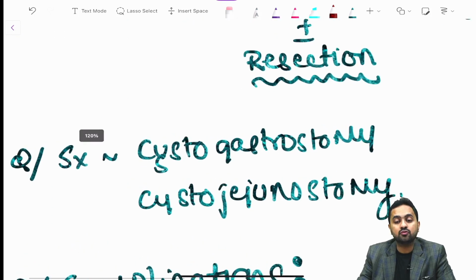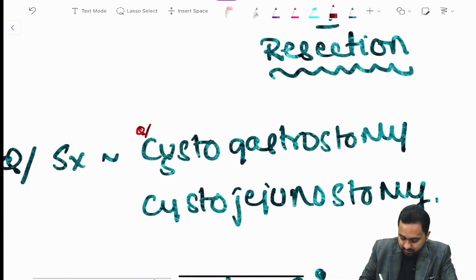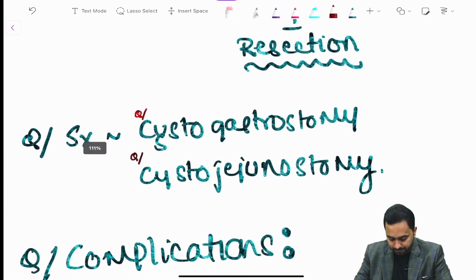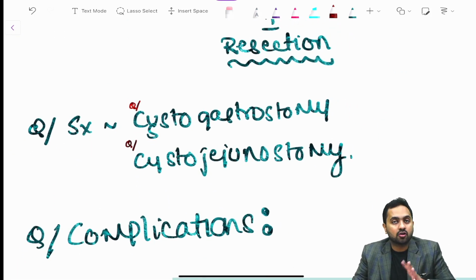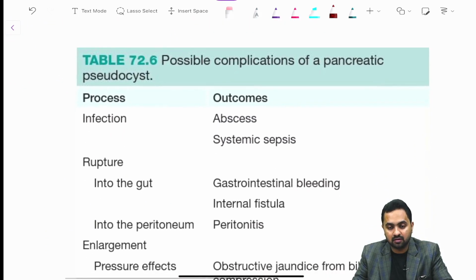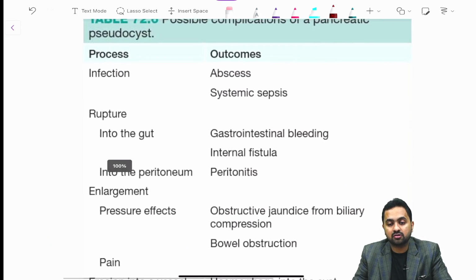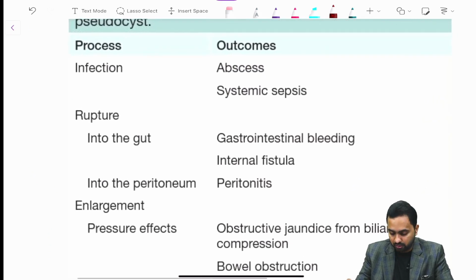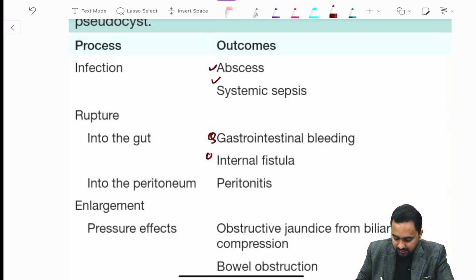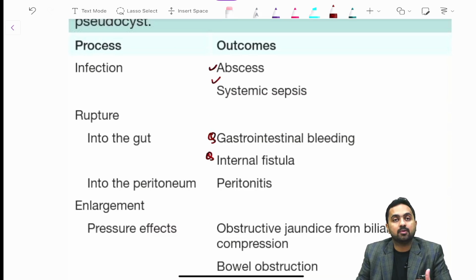The surgeries usually performed are cystogastrostomy, and in a few cases we even do a cystojejunostomy. Now, regarding the complications of pseudocyst, I have taken this table from Bailey and Love. The various possible complications of a pancreatic pseudocyst include infection, where it can form an abscess or systemic sepsis, and rupture of the cyst into the gut can cause gastrointestinal bleeding, or internal fistula into the peritoneum can cause peritonitis.